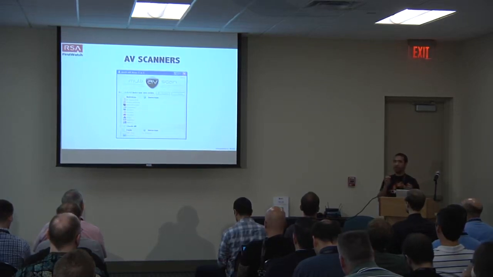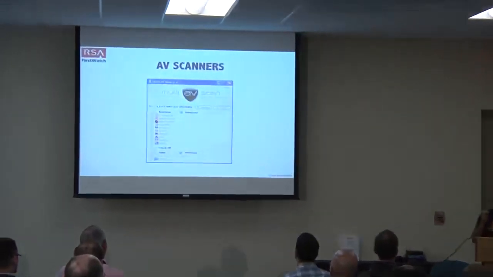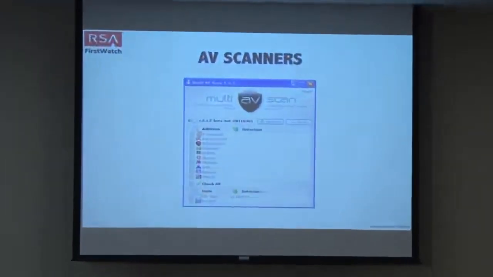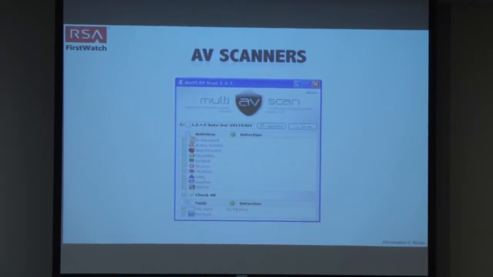Some of them even have security appliances in their lab, depending on how much money the sponsor has. But if you don't have all of those resources, some of them just use a multi-AV scanner. This one downloads all of the engines from popular vendors and then subjects their malware creation to them to check whether it's detected or not. It's like an on-premise VirusTotal.